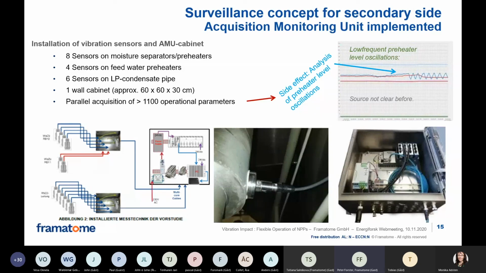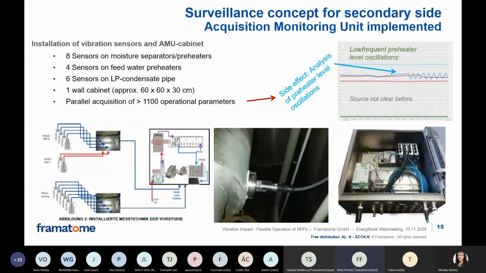That means we installed nearly 20 additional sensors on the moisture separators, preheaters, 4 sensors on a big feedwater preheater, and an additional 6 sensors on a low-pressure condensate pipe, which was vibrating very high. We have an additional wall cabinet.